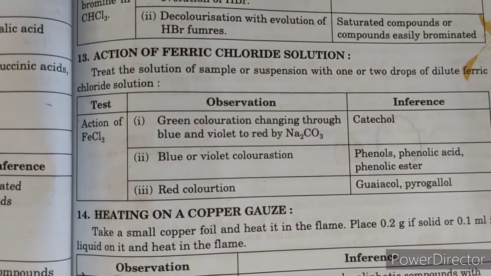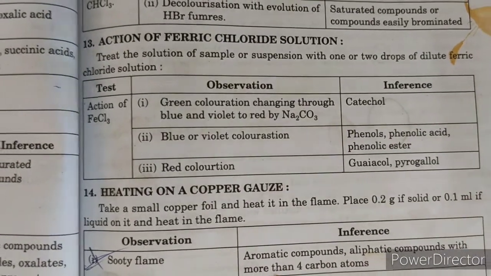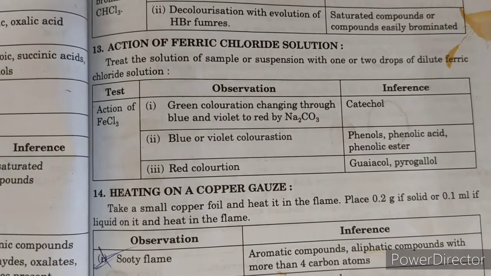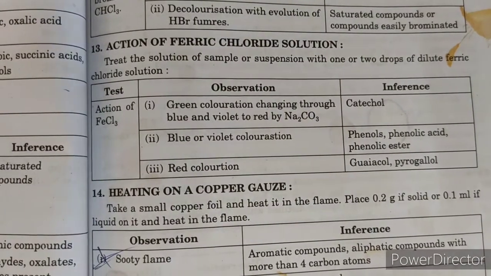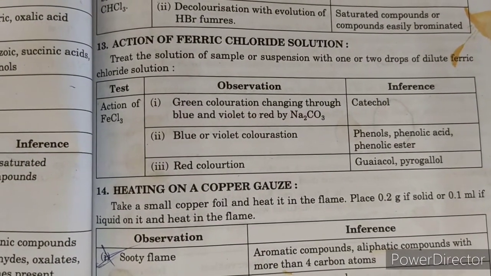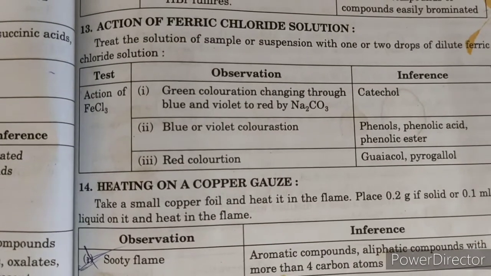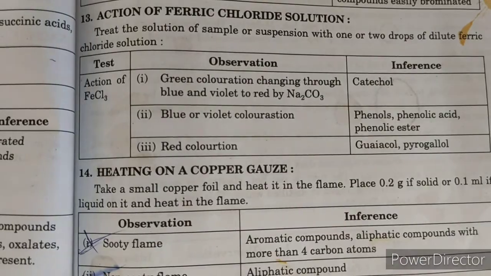Ferric chloride. This test is positive only for phenolic compounds. Here we have to take again a small quantity of sample in a test tube and put a few drops of ferric chloride, to again observe for a change in color.